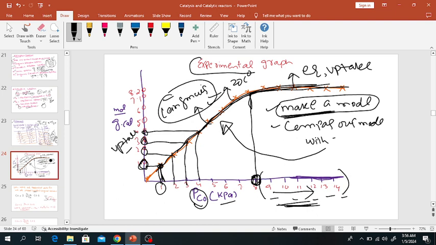If our experimental data is matching with the Langmuir isotherm, then our data will fall on this isotherm. If it is not matching, then there will be no correlation between our experimental data and the graph, so the regression coefficient will be very small.